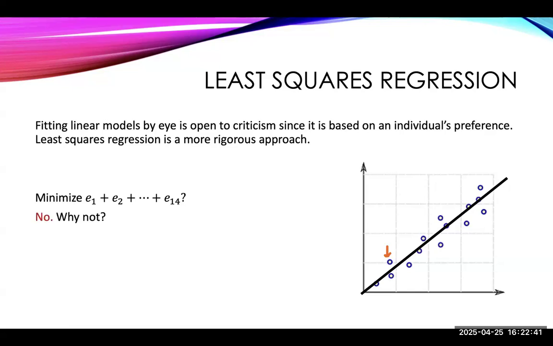So how we can do that is one way is we can put absolute value onto each one. And that way, all of the negatives and all of the positives, they don't counter each other. But there's a problem with absolute value. If you've taken a calculus course, you may remember that to minimize is the same thing as finding a derivative. And if you haven't taken a calculus course, that's fine too.